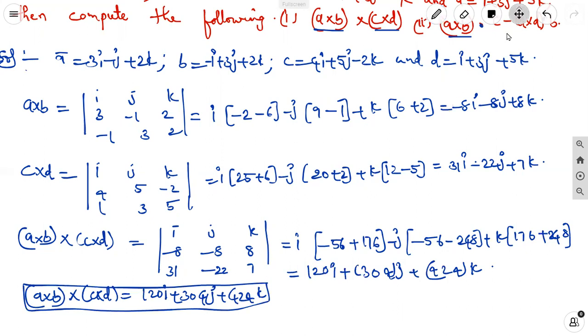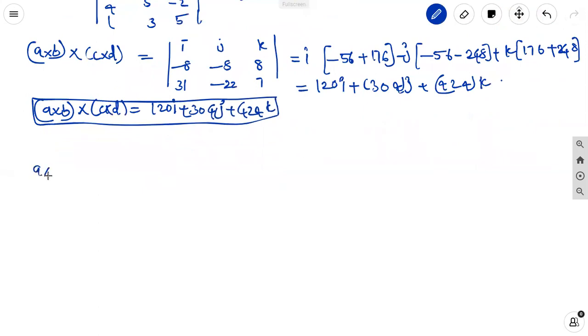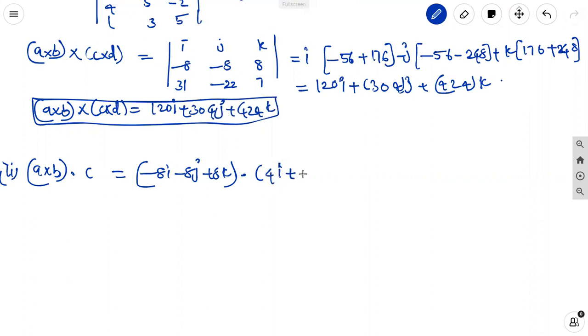Second one is A cross of B dot C. Already we found that A cross B is minus 8i minus 8j plus 8k, dot C vector, which is 4i plus 5j minus 2k.